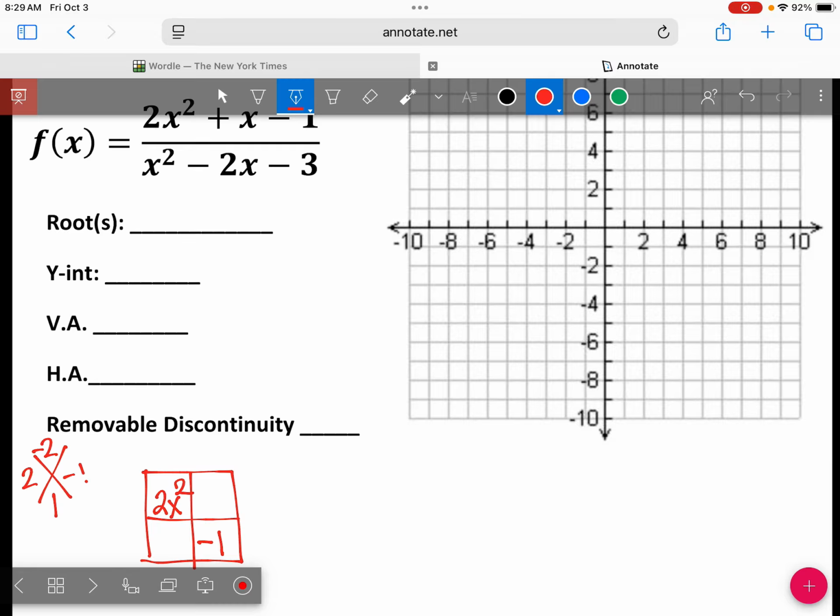Okay. All right, so let's go ahead and put that in our squares. Take out your GCF. So that should factor down to a 2x minus 1 and an x plus 1.